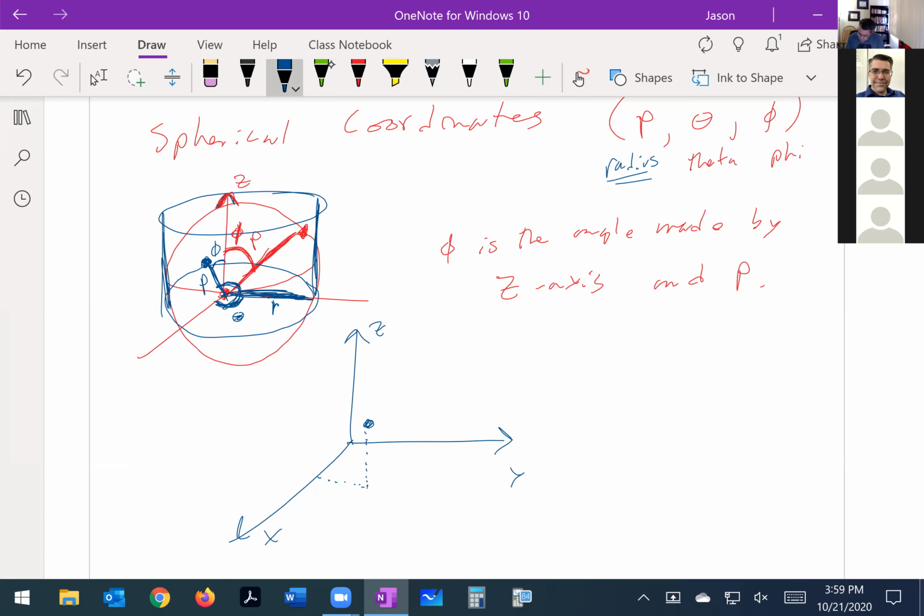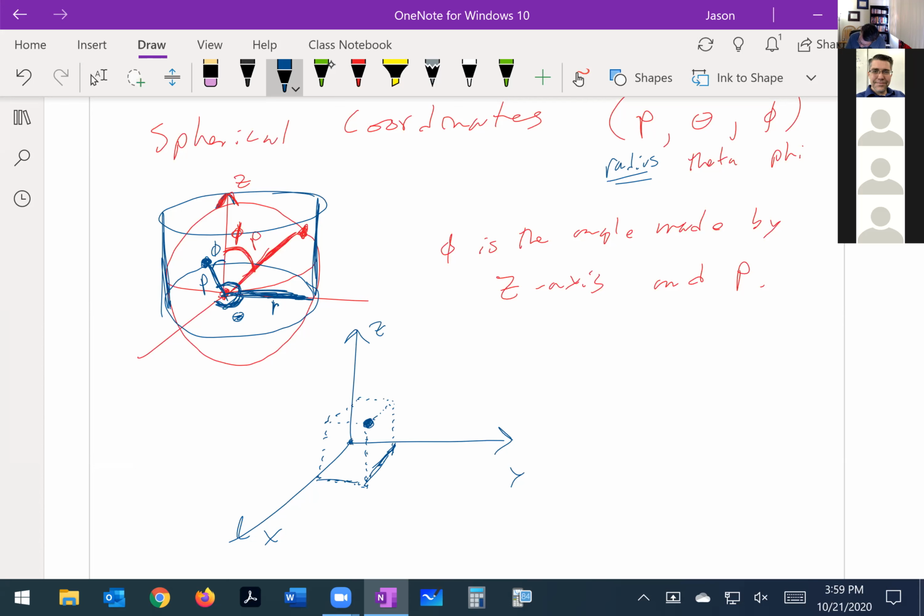How would we get that point in space, the point 1, 1, 1? Think of this like a box.